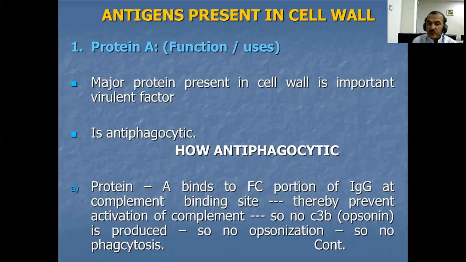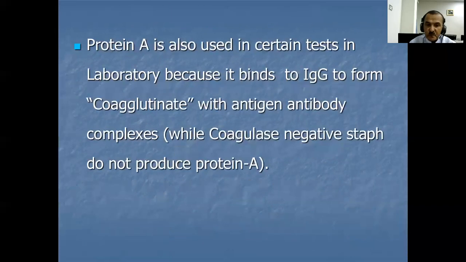So no opsonization means there is no phagocytosis. So this is an anti-phagocytic factor and major protein present in the cell wall of the Staphylococcus aureus.